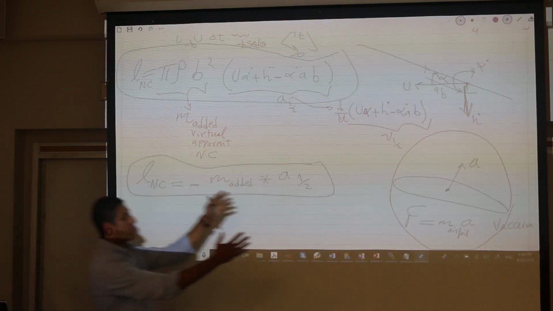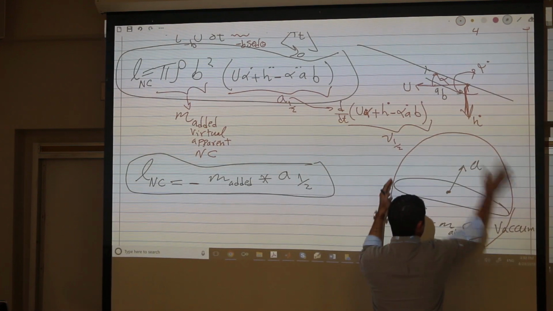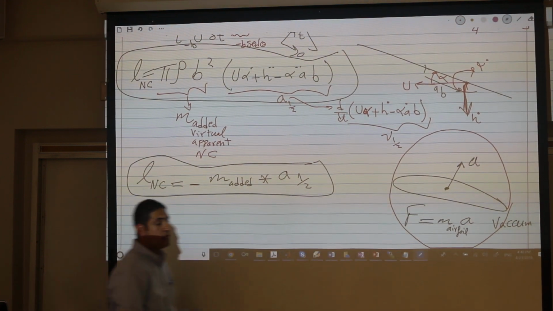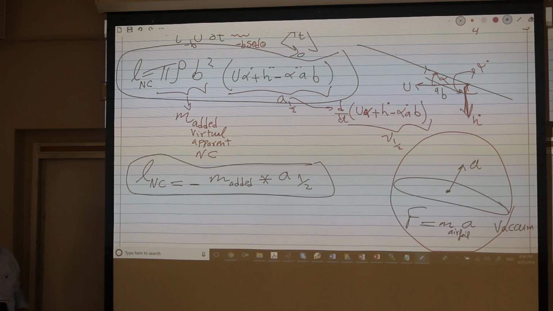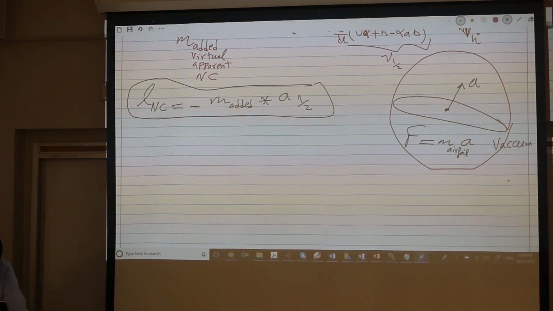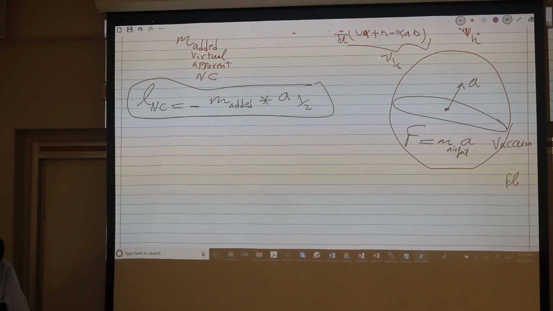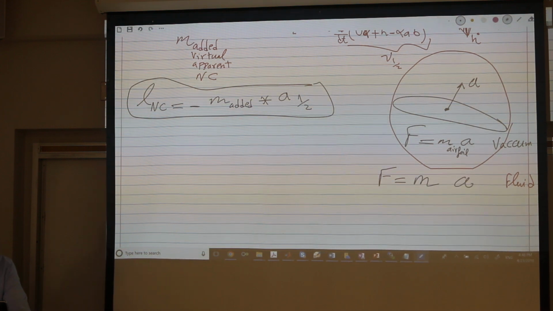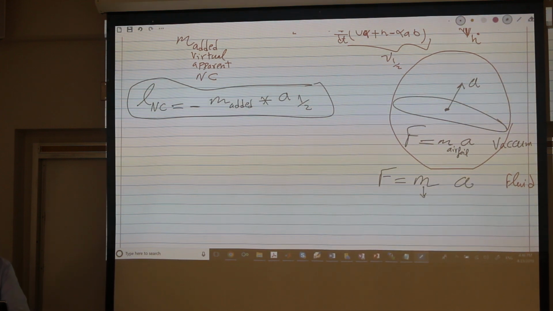It's as if you're moving this whole block, the airfoil and the fluid around. So if you're moving in a fluid, how much force do you need to exert? It's mass times acceleration. But what mass now? The airfoil plus the added mass.